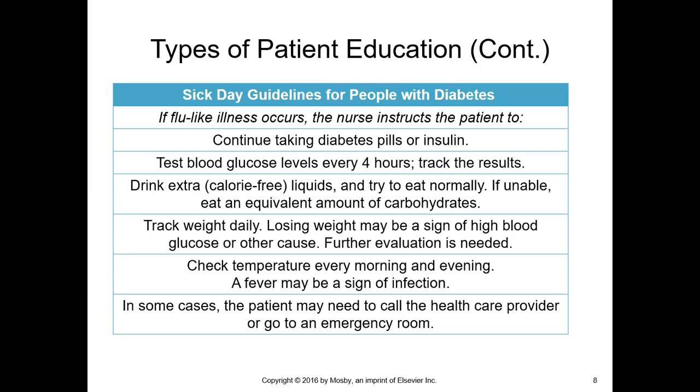So a lot of information will be printed off from our facility. Most facilities have a certain place they want us to get teaching information from. The reason for this is that the teaching information that comes from these credible sites is written at a 5th grade level or less.